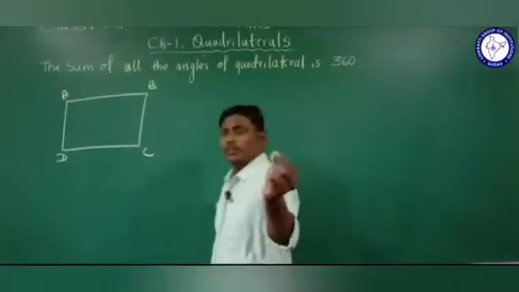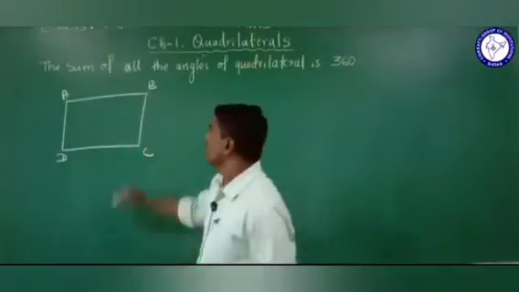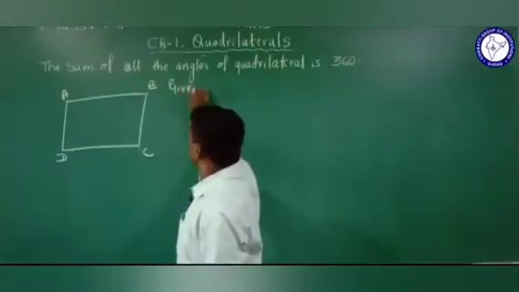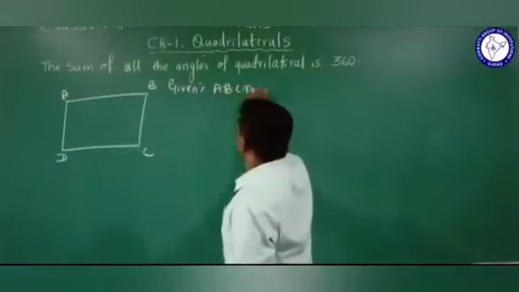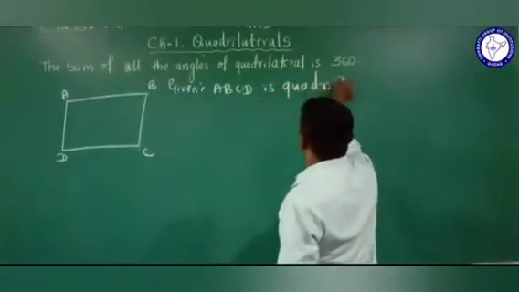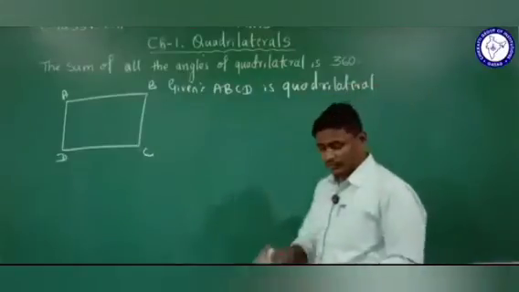So ABCD is a quadrilateral. What is the given data here? ABCD is a quadrilateral, right? What do you have to prove?